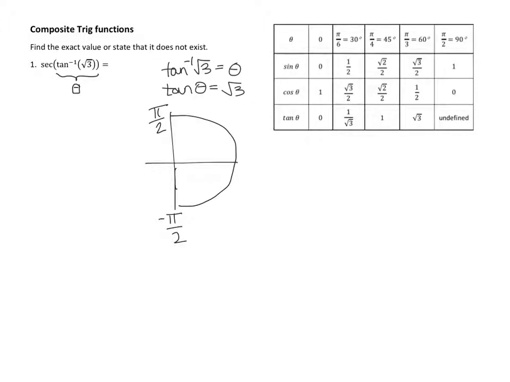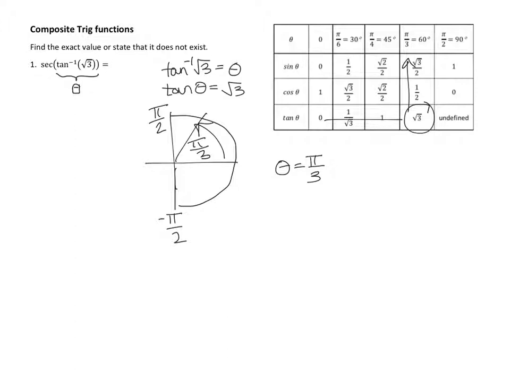So let's look over in our chart. Where is the tangent equal to square root of 3? It is equal to the square root of 3 at pi over 3. So my theta is pi over 3. That's our reference angle. Since the tangent was positive square root of 3, we know that it is a first quadrant angle, and this would be pi over 3. Okay, that's our first part.